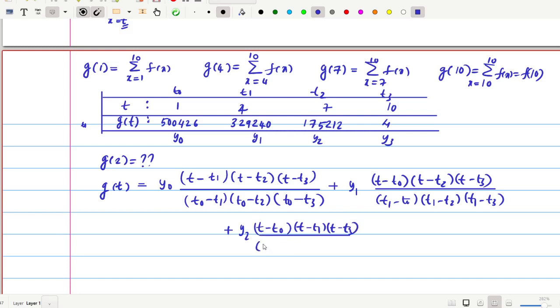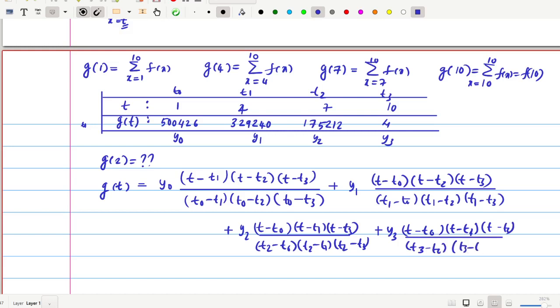So in the denominator we have (t2 minus t0)(t2 minus t1)(t2 minus t3), we avoid t2 minus t2, plus y3 times (t minus t0)(t minus t1)(t minus t2) divided by (t3 minus t0)(t3 minus t1)(t3 minus t2). So these are the terms in the Lagrange's interpolation formula.